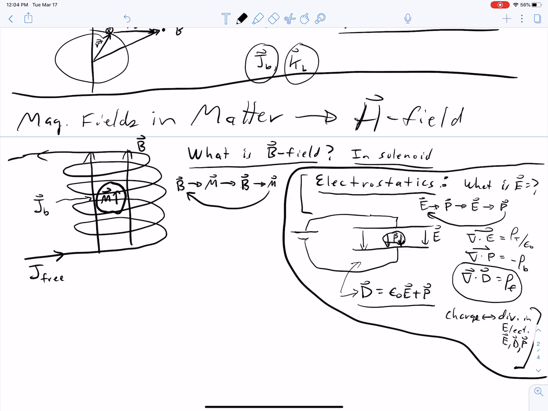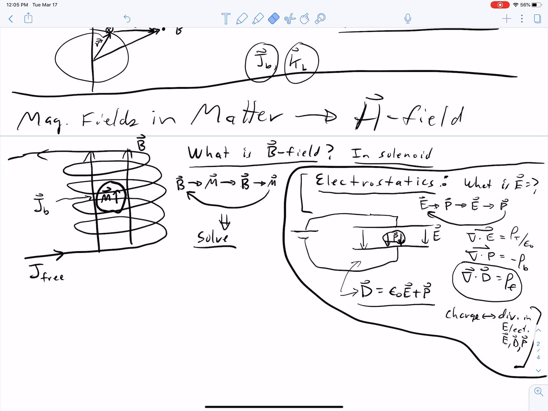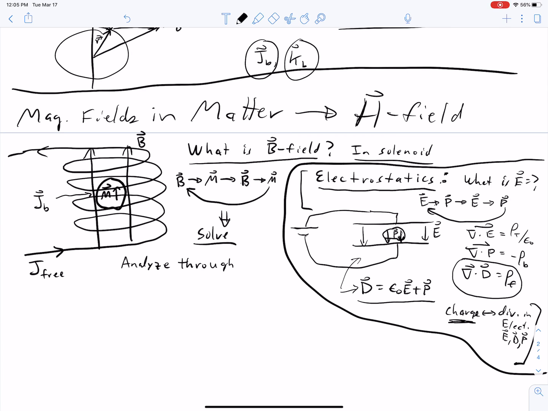So what we're going to do to solve this, the way that we get past this, is to do the same thing where we analyze it using currents, not through the fields, but through the currents. Same thing here, for electrostatics, we analyzed it through the charge density. But now we're going to analyze this one through the currents, not the charge density, but the current density.